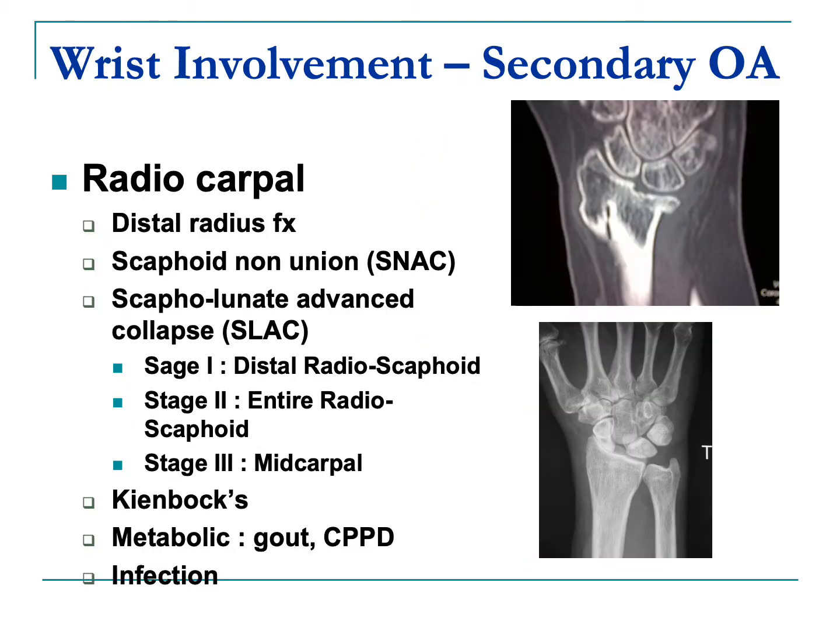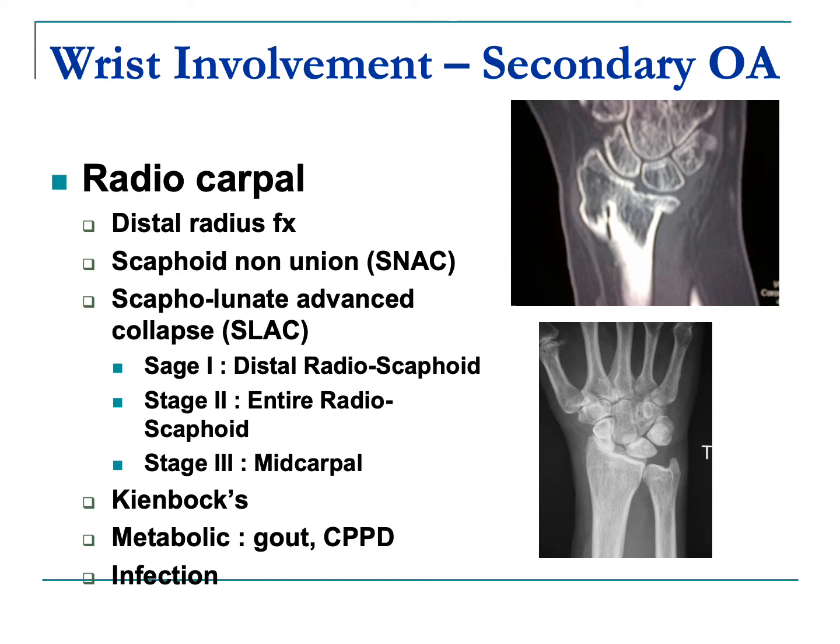When we see patients who have radiocarpal arthritis, we need to make sure that we understand whether or not there's been some evidence of a fracture of the distal radius, fractures of the scaphoid, which has been called the SNAC wrist, meaning scaphoid non-union advanced collapse, ligamentous injuries, especially those affecting the scapholunate ligament, which has been called the SLAC wrist.